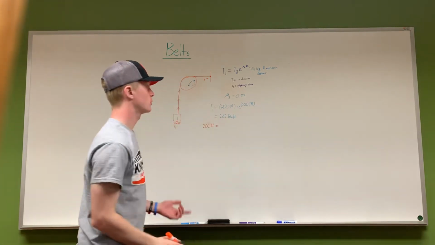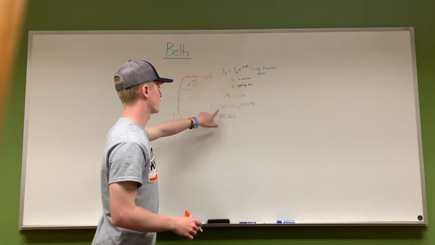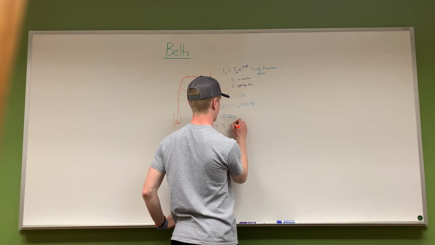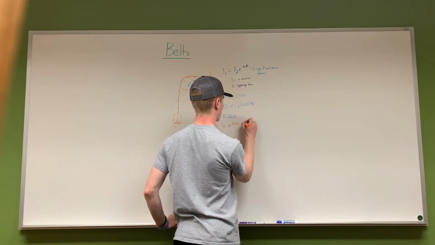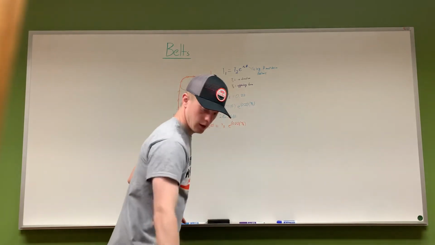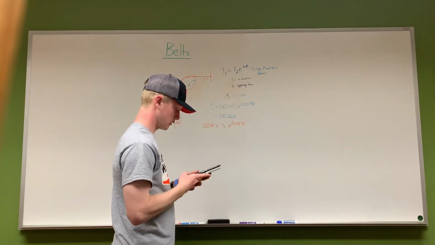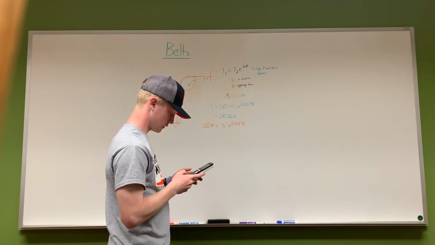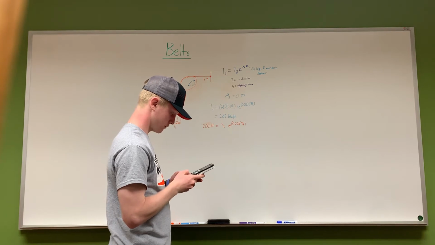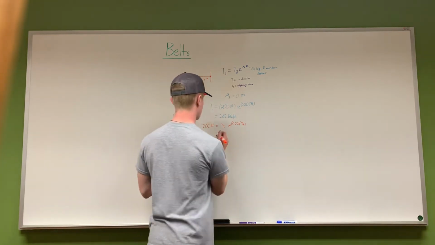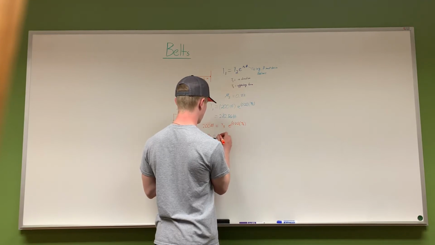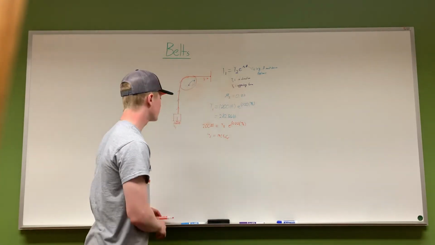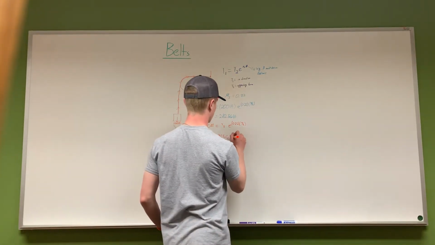Everything else is the same, but instead of multiplying, we divide T1 by E to that power. That gives me a T2 value of 141.56.